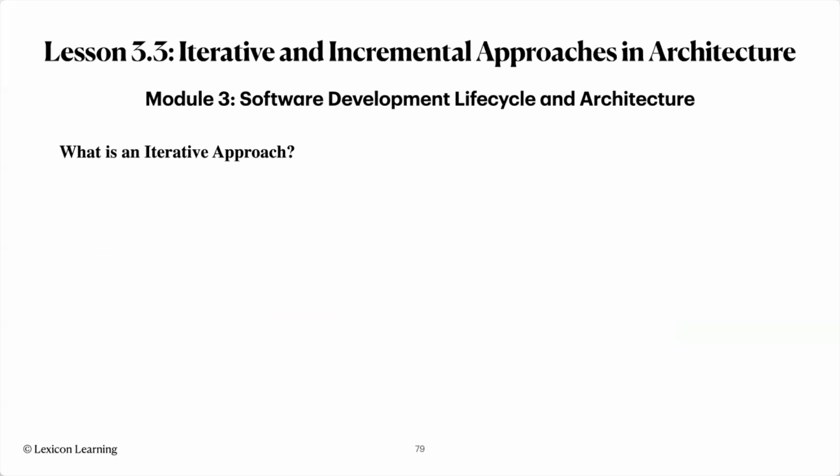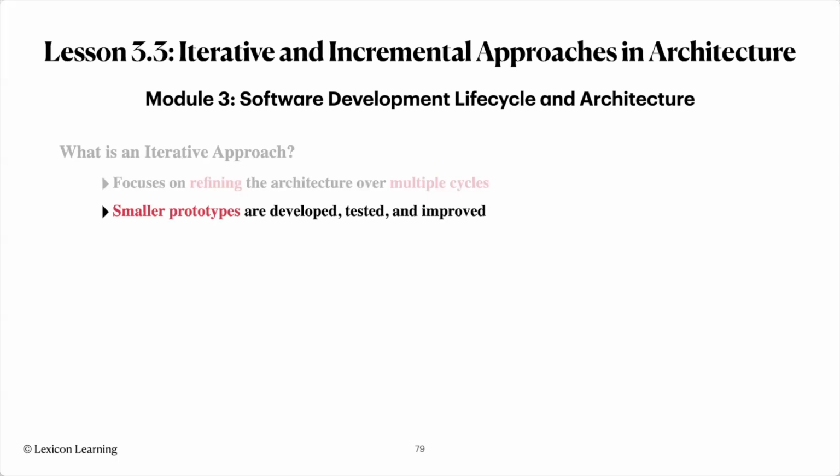Next lesson is iterative and incremental approaches of architecture. The iterative approach focuses on refining the architecture over multiple cycles. Instead of building the entire system upfront, smaller prototypes or versions are developed, tested, and improved based on feedback.